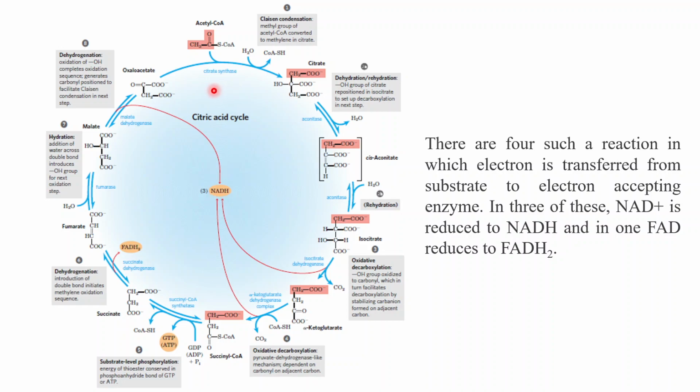So, here you see there are 3 dehydrogenase enzymes that can actually take the hydrogen out of the substrate and give it to the NAD plus molecule to make NADH. Okay, this NADH is made from NAD plus.